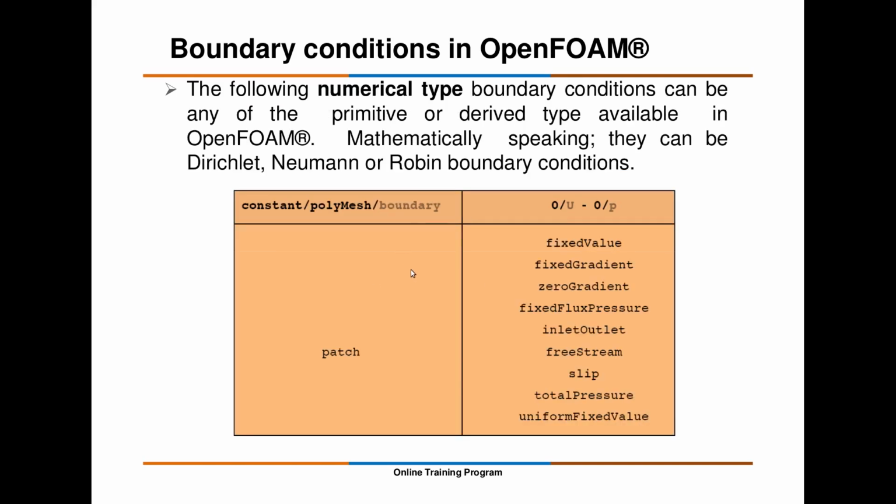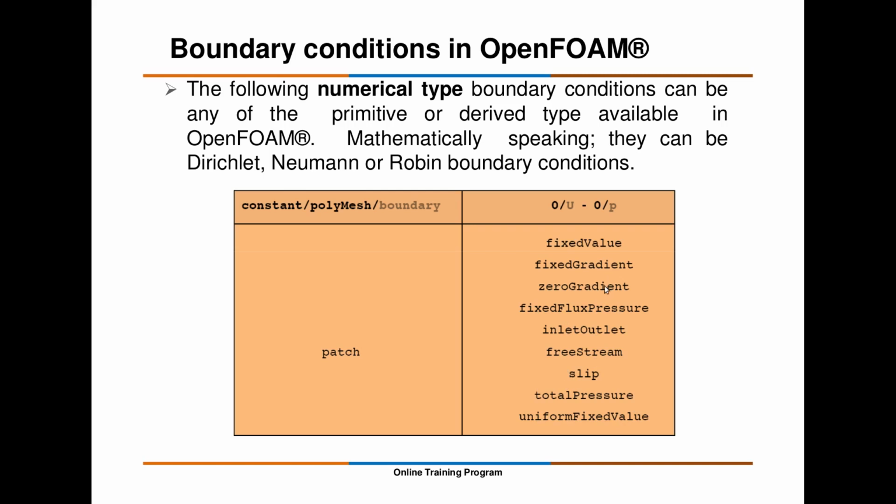For numerical conditions, for a patch you can choose any of these options: fixedValue, fixedGradient, zeroGradient, fixedFluxPressure, inletOutlet, freestream, slip, totalPressure, uniformFixedValue.